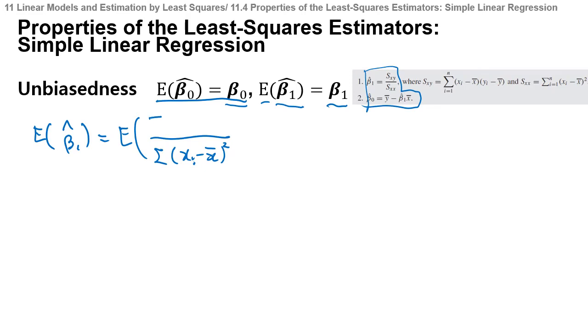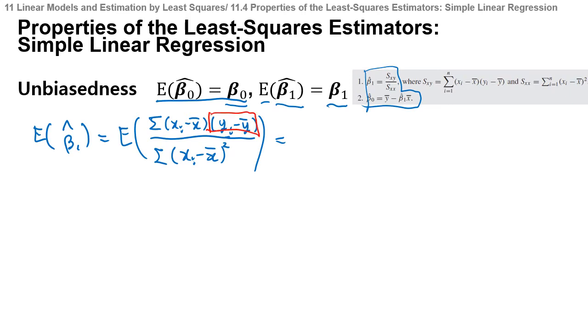And here this part is the sum of xi minus x bar times yi minus y bar. The expectation can go inside, so the random parts are only here.